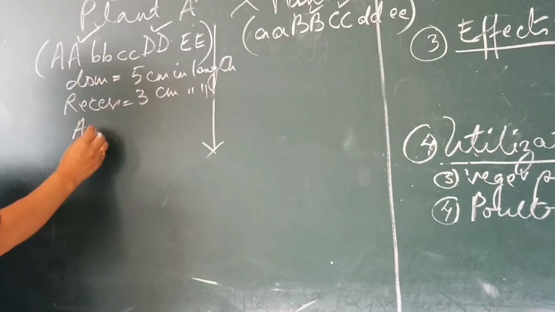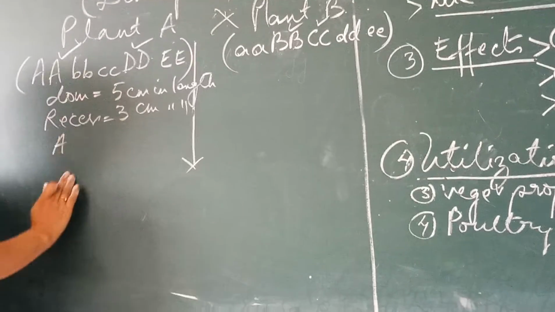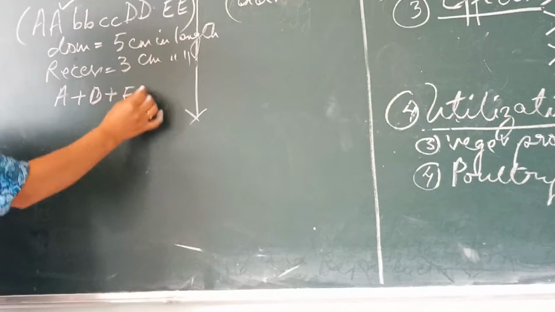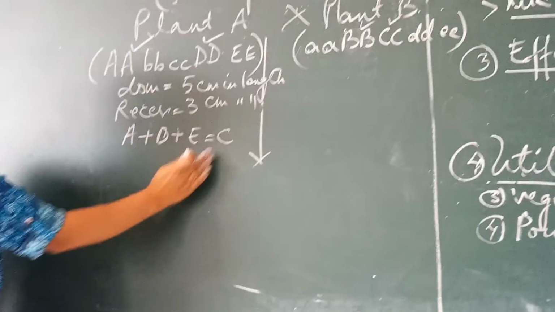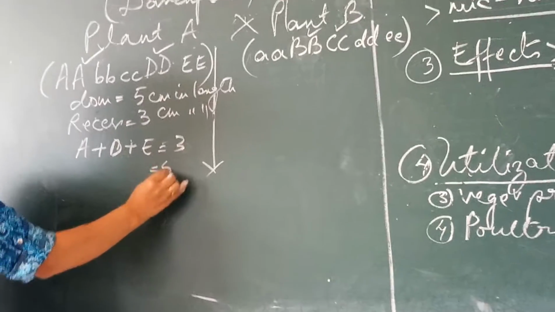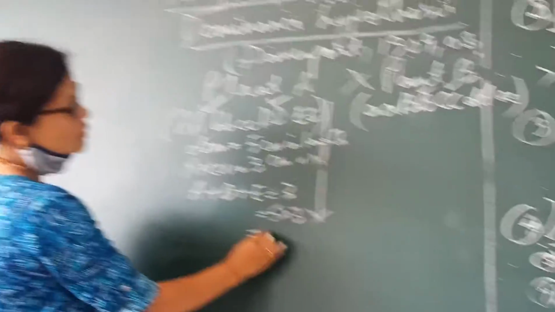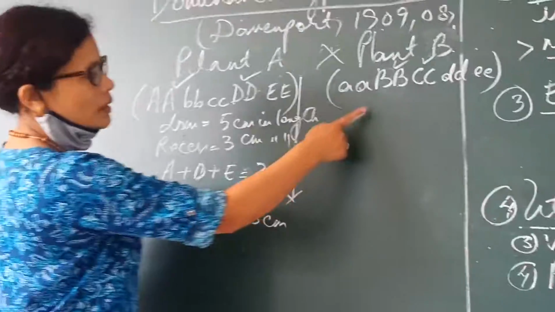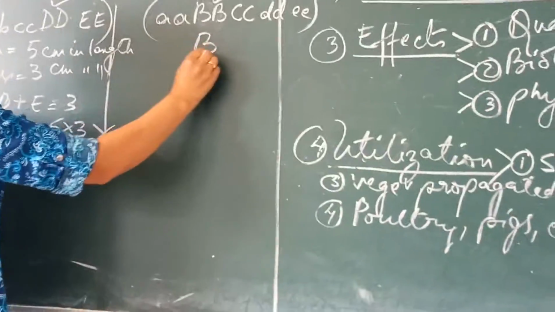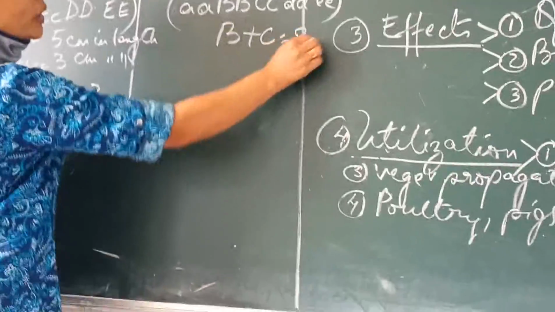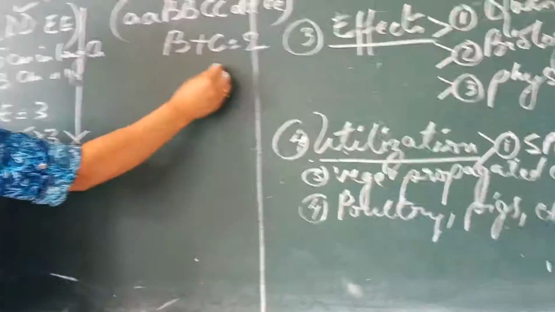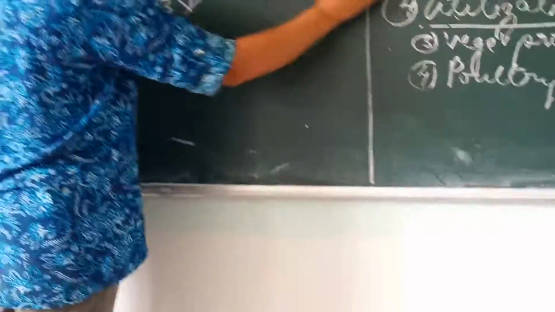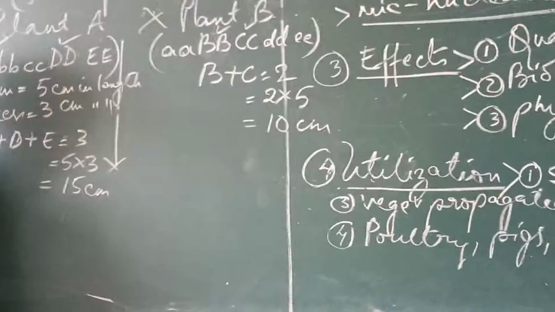So you write down A plus D plus E. So 3, and all these contribute 5 centimeters. So 5 into 3. So what is the height of this plant? 15 centimeters. Here, what are the dominant genes? B and C. How many dominant genes? 2. So how much height will this plant have? Each contributes 5 centimeters. So that is the height of this plant.